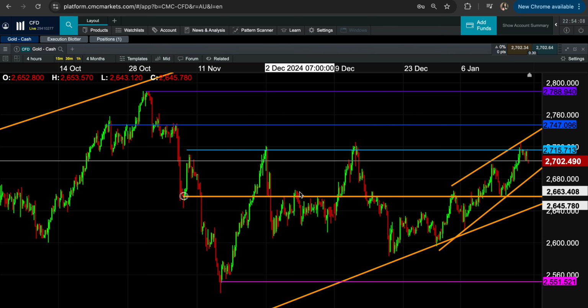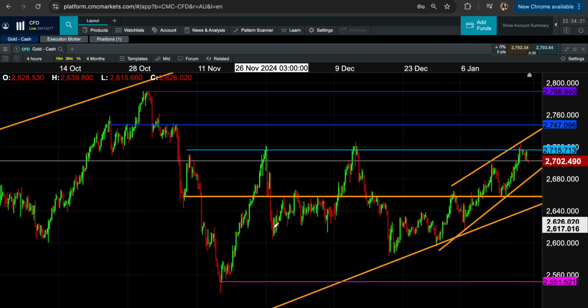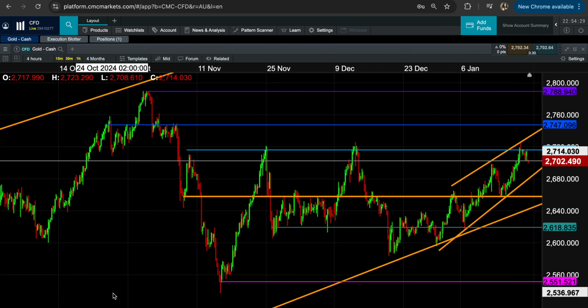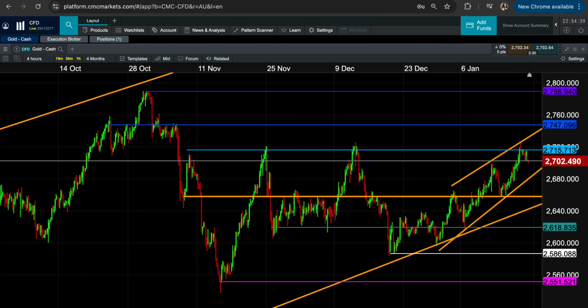So 1, 2, 3, 4, yeah, and I keep going downwards like that where I see multiple touch points. Okay, so I have drawn multiple touch points.